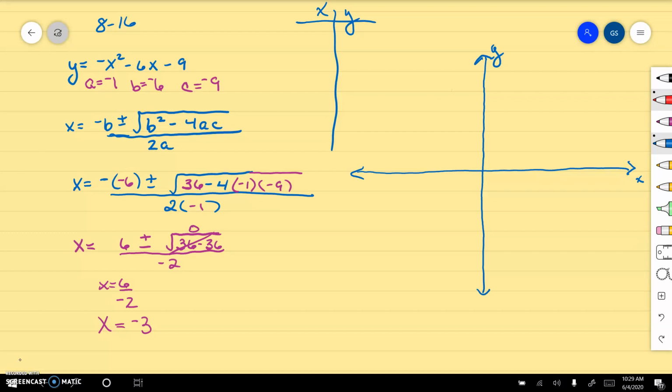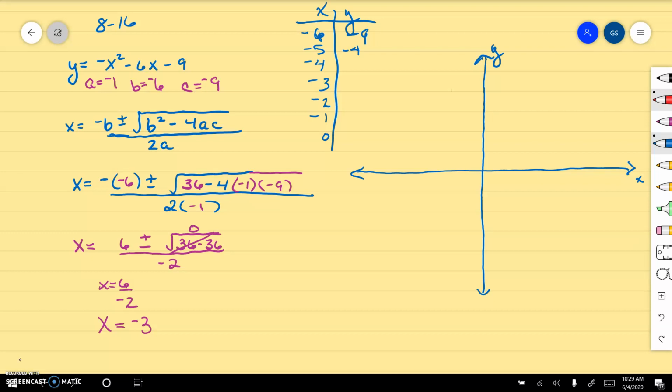All right, so my x's go from negative 6 to 0: negative 6, negative 5, negative 4, negative 3, negative 2, negative 1, 0. All right, so for the input of negative 6, I get an output of negative 9. For the input of negative 5, I get an output of negative 4.